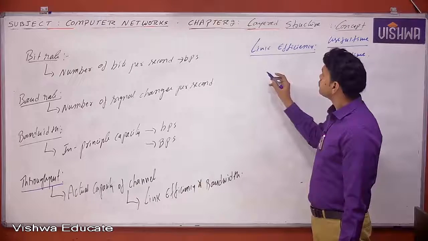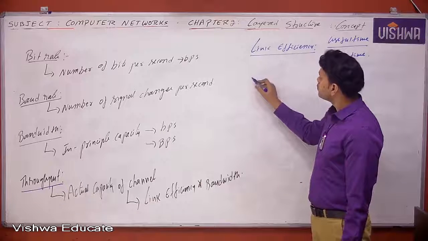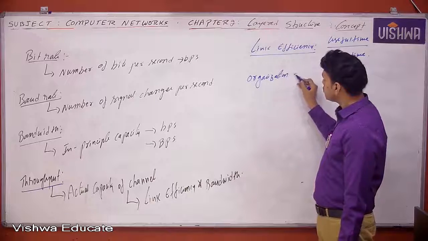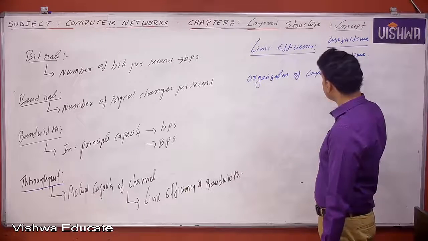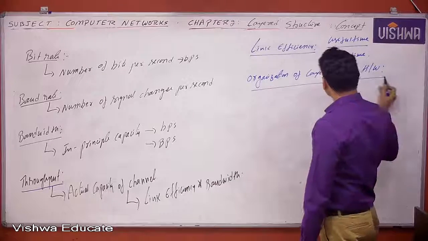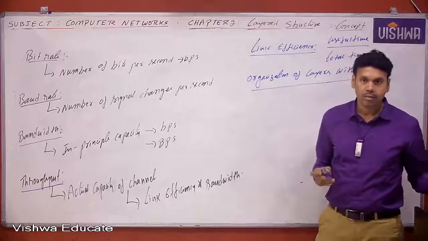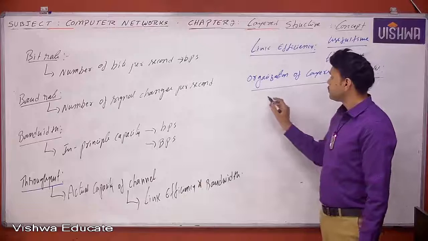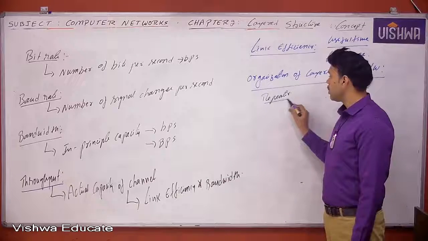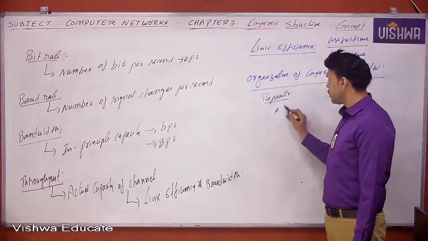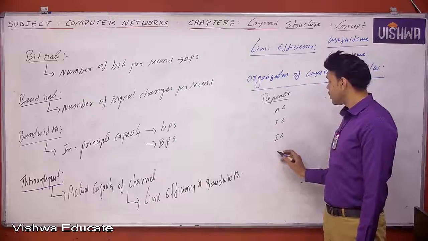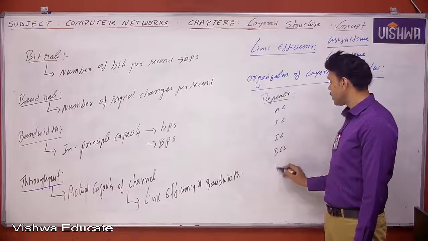Now, if you take the organization of layers with the hardware, now you see, if I am talking about the repeater, how the diagram looks like: application, transport, internet layer, data link layer, and physical layer.